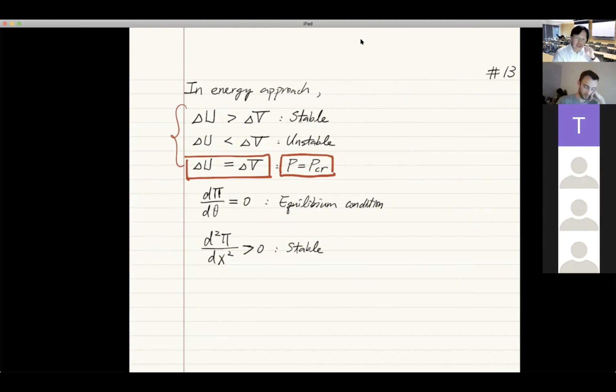This is not at buckling, but we call it stable post-buckling. And of course, I made a mistake here. If you notice, there's no x, right? This should be theta, because we use theta in this problem. And otherwise, if the second order derivative of the total potential energy is less than 0, we call it unstable post-buckling.